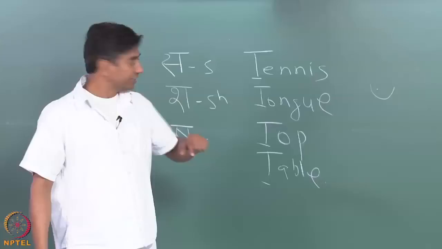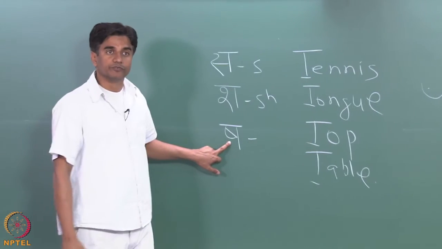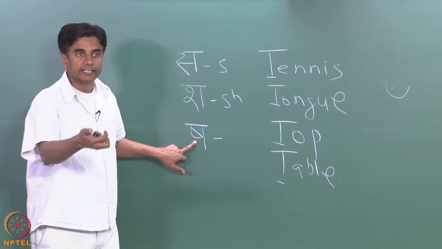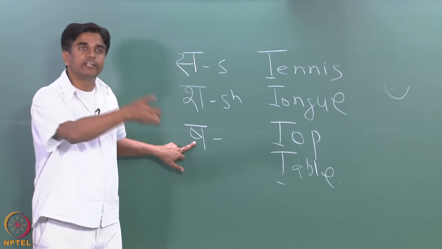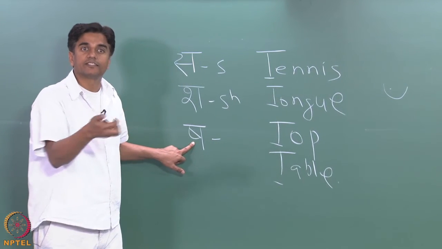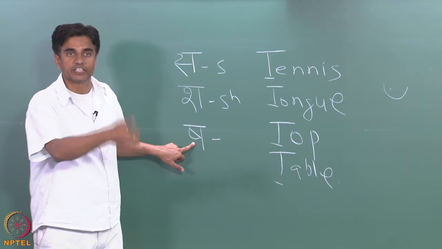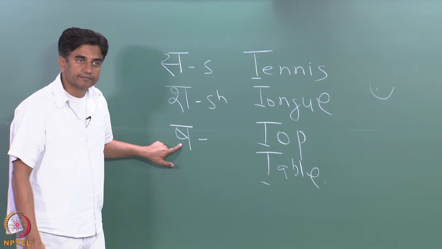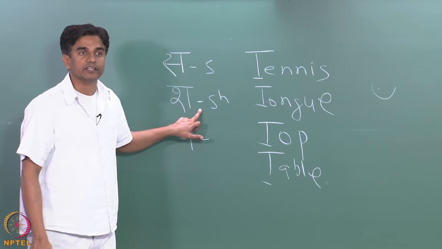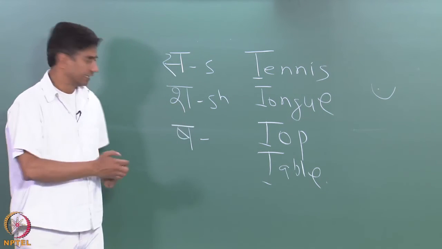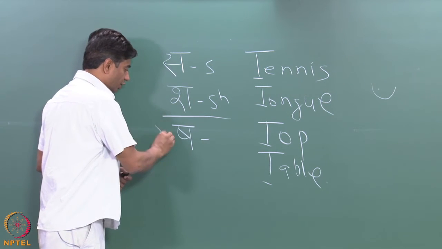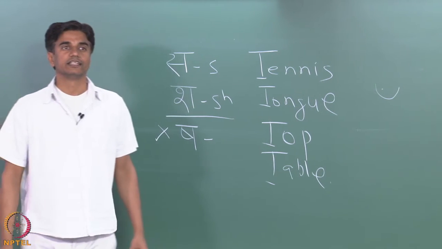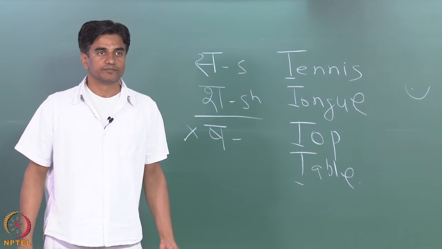Actually, every time we say this sound, by we I mean here, speakers of non-Dravidian languages, that is speakers of Indo-Aryan languages particularly, when they want to say this, they end up saying this one, because this sound is almost lost in Indo-Aryan languages.